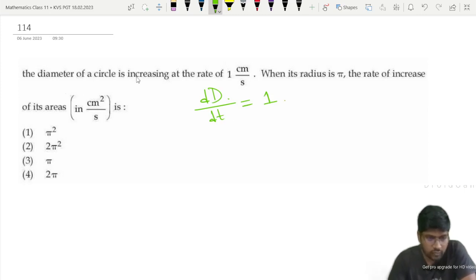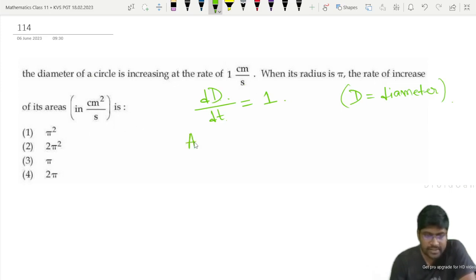The diameter of a circle is increasing at the rate of 1 centimeter per second. So when its radius is pi, the rate of increase of its area.